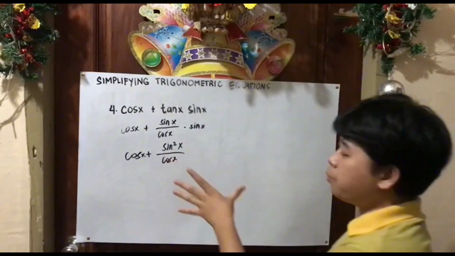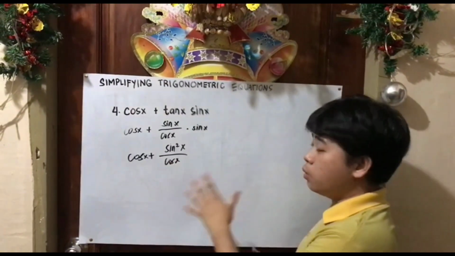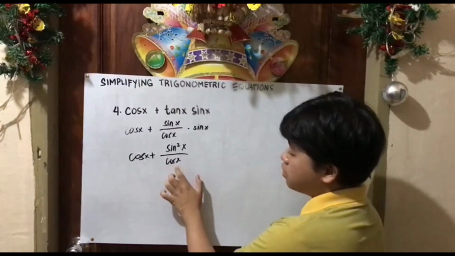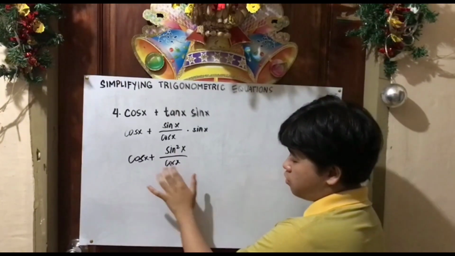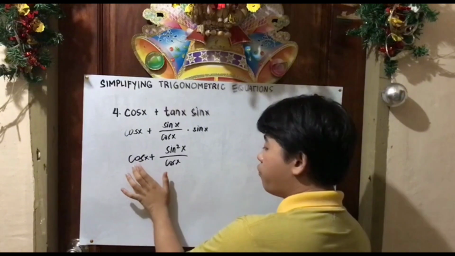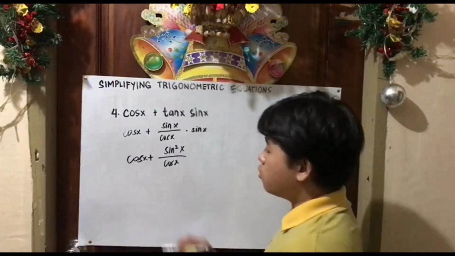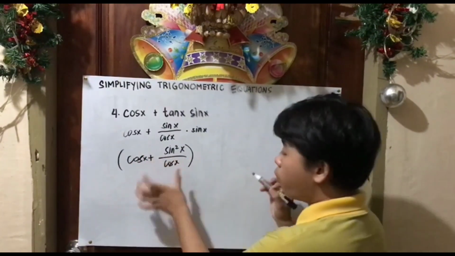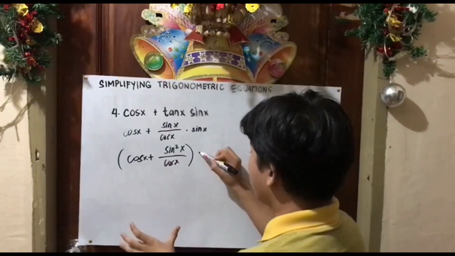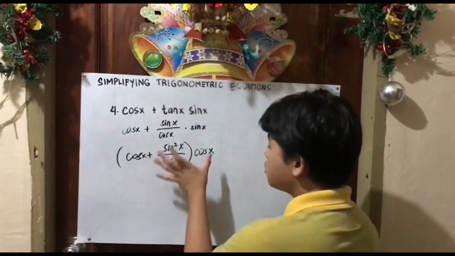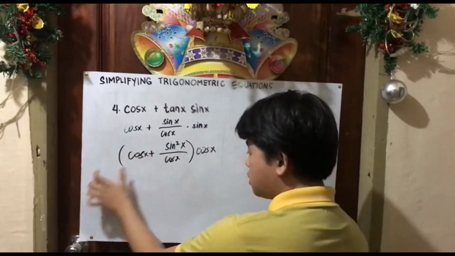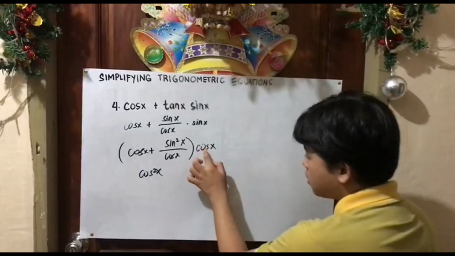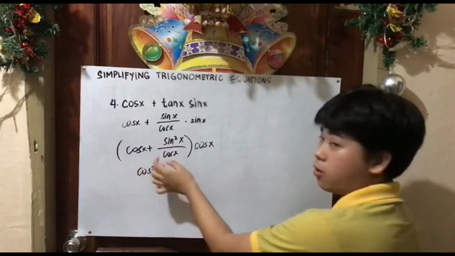What we will do next is look for the common denominator. If this is cosine x, then the denominator for this is also cosine x. So we multiply the cosine x term by cosine x. Cosine x times cosine x is equal to cosine squared x. Then cosine x divided by cosine x is equal to 1.